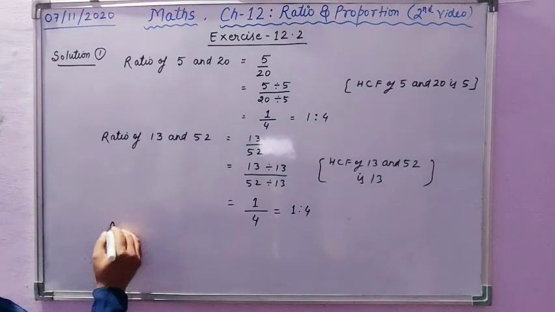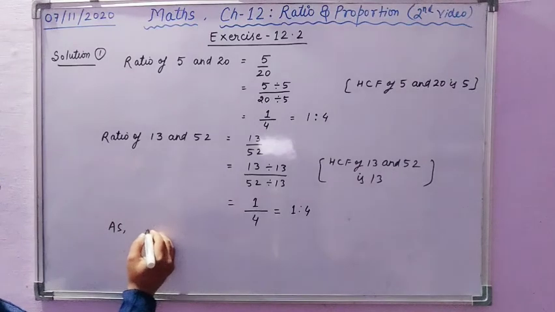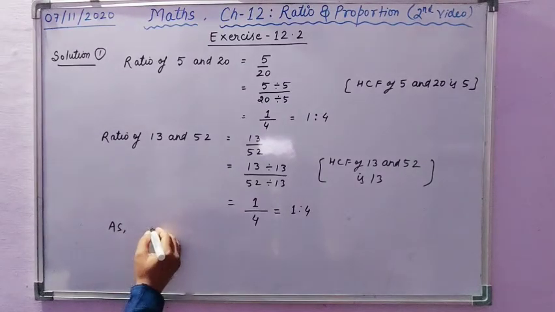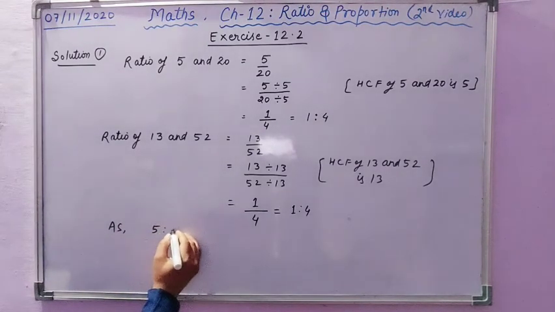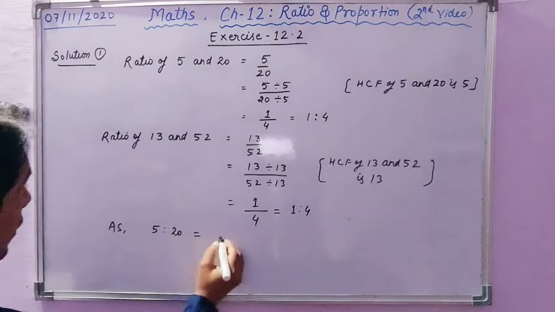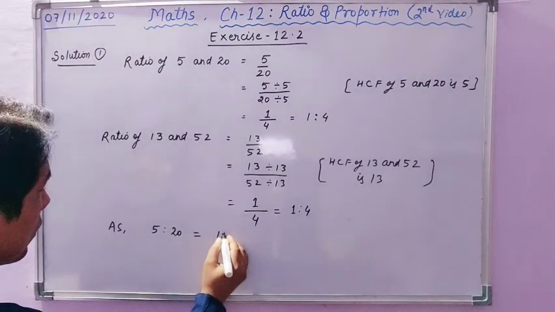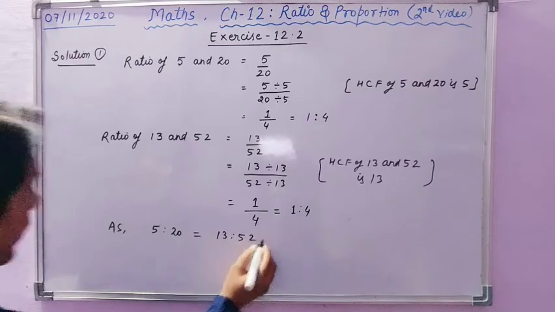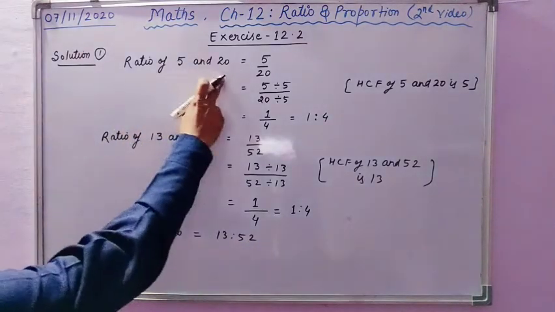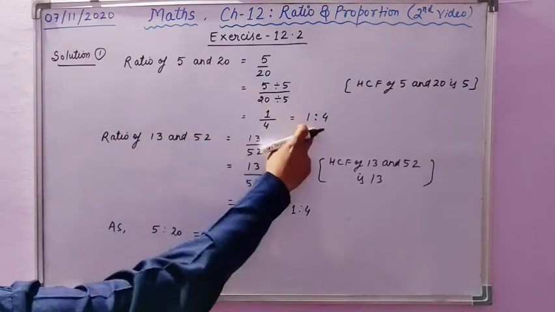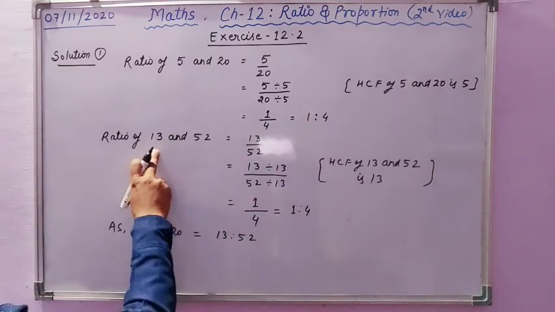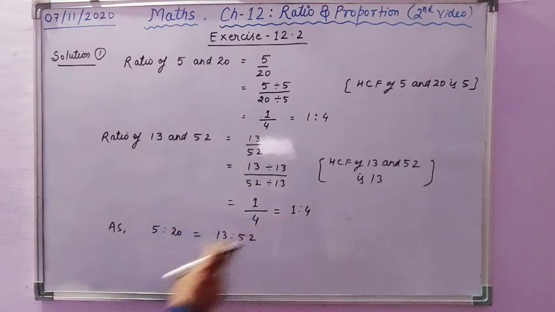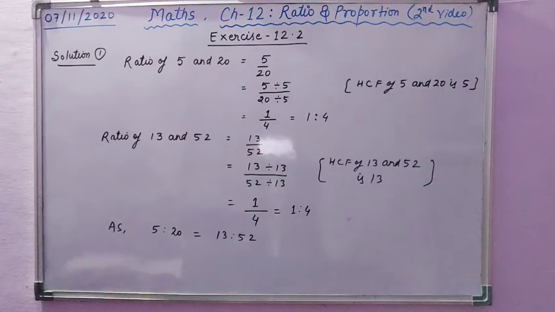As you can see, 5:20 is equal to 13:52. The ratio of 5 and 20 is 1:4, and the ratio of 13 and 52 is 1:4. So therefore the ratios of 5 and 20 and 13 and 52 are equal.